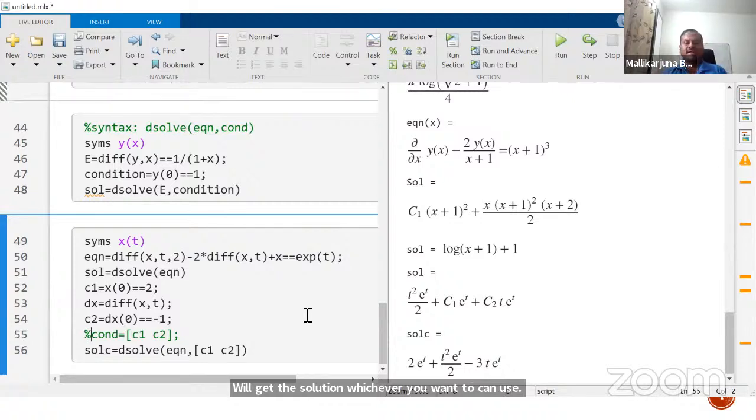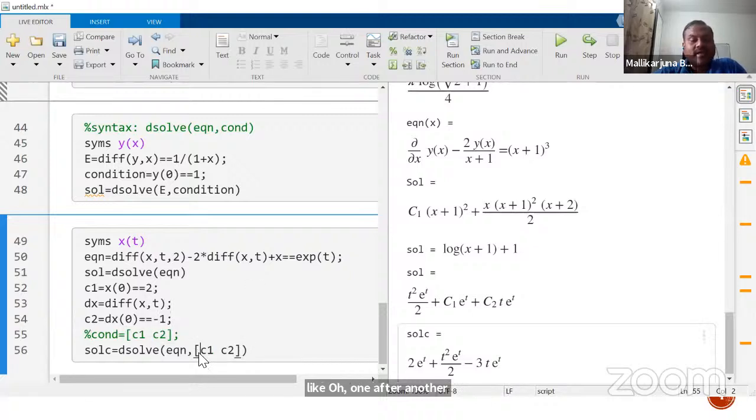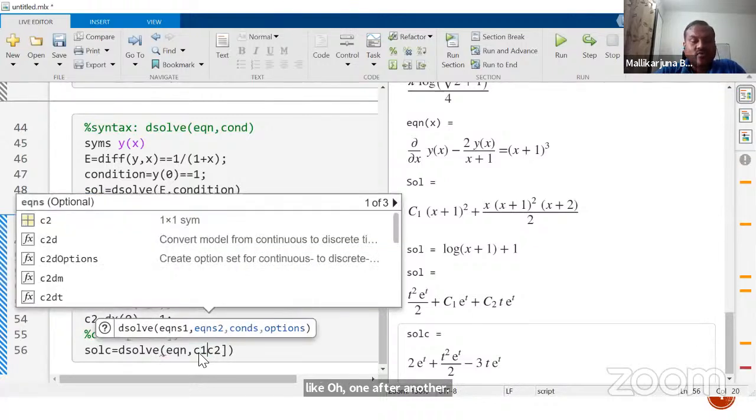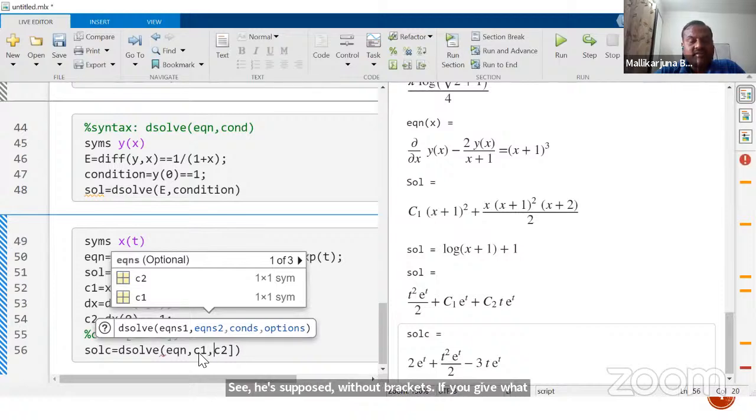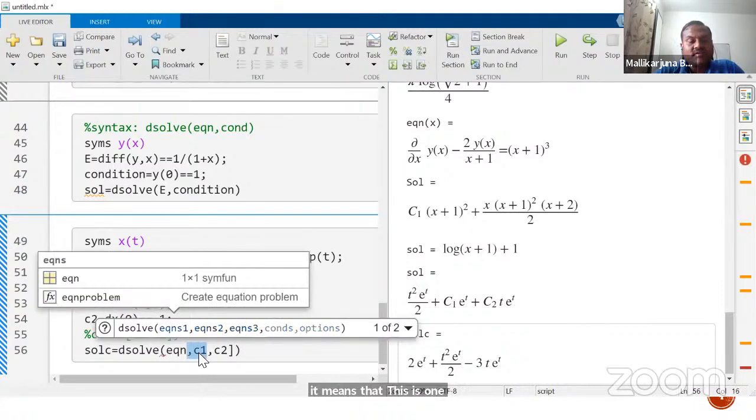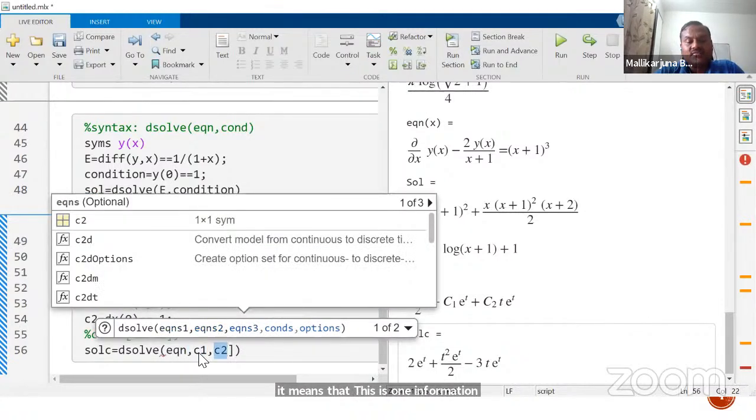Directly you can feed the conditions, but you have to give them in a vector form. It's not like one after another. Suppose without brackets, if you give, it means this is one piece of information and this is another piece of information. So the purpose won't be served.